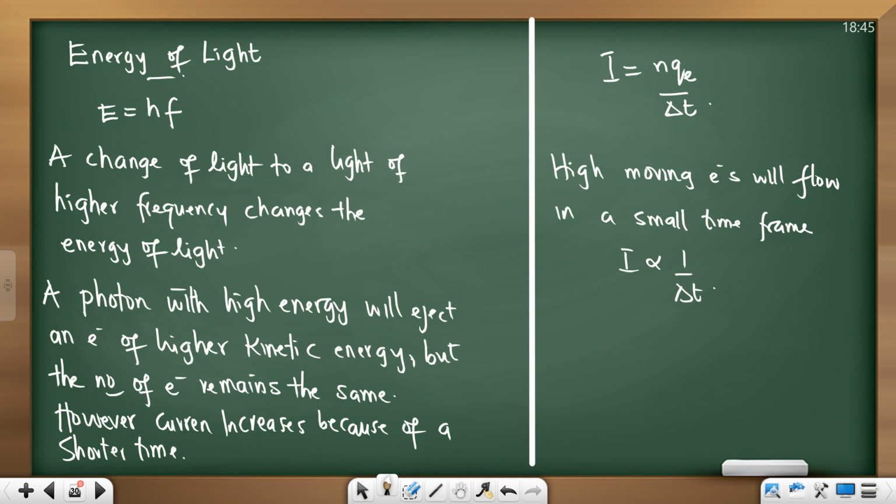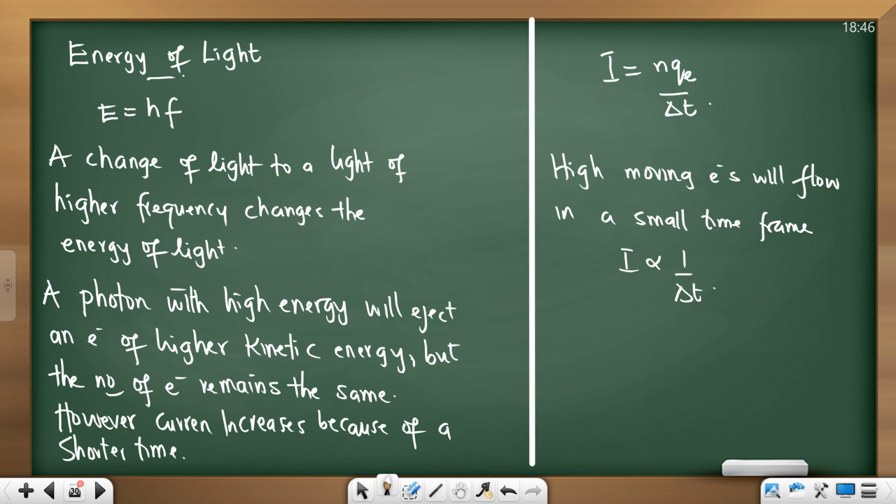Number of photons will affect what? Number of, it's number to number. Energy to energy. But current will increase in both. Why will current increase in the first one? Number of electrons are increasing. Why will current increase in the second one? Because of the shorter time. There is a higher rate of what? Flow per second. Make sense, everybody? Okay. Let's move. We're done with light.